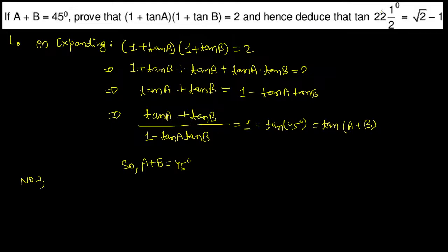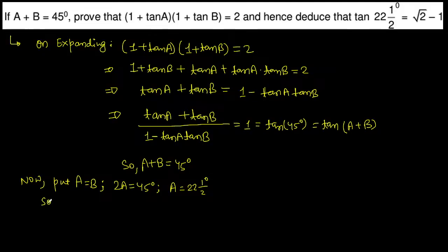Now we are told, hence, tell me this thing. So if I put A equal to B, then 2A will be equal to 45 degrees, A will be equal to 22.5.